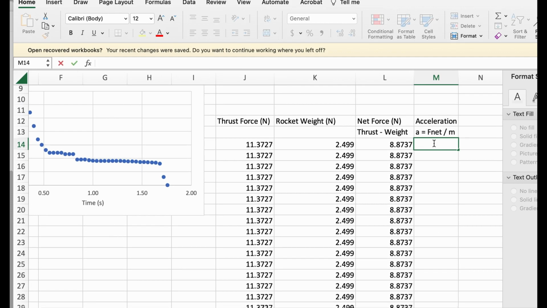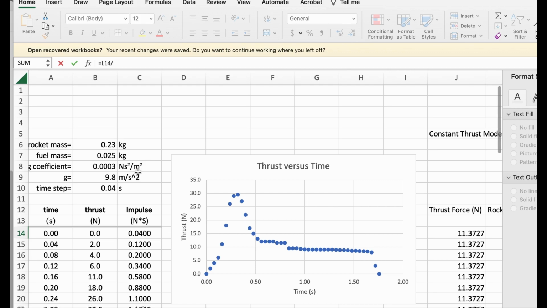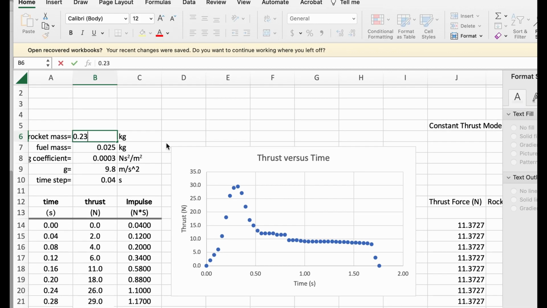All right, so let's do L14 divided by the rocket mass. Now, somewhere in the spreadsheet, we have the rocket mass, 0.23 for the rocket itself, and then 0.025 for the fuel.